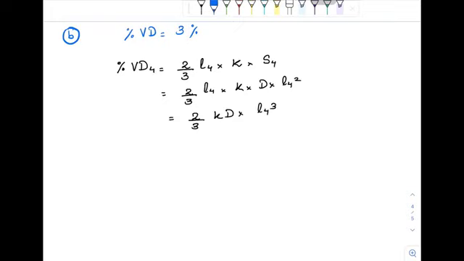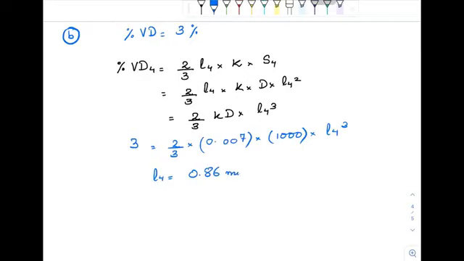Now we have this value as 3%. The value of K is still the same as the conductor type is not being changed, so this will be 0.007. The value of load density is 1000. So you can see we can easily determine the value of L4, which comes out to be 0.86 miles.